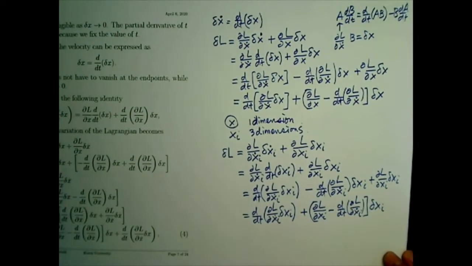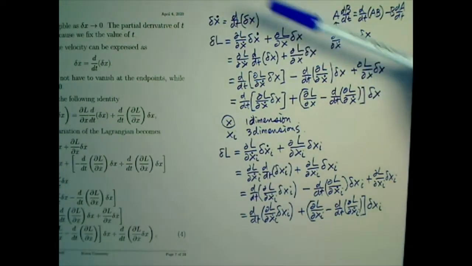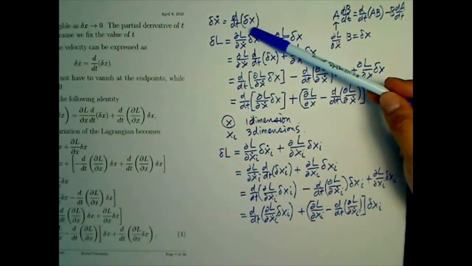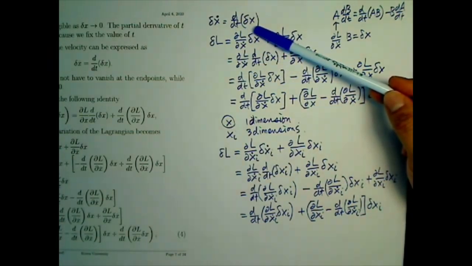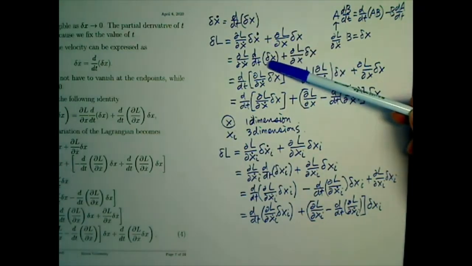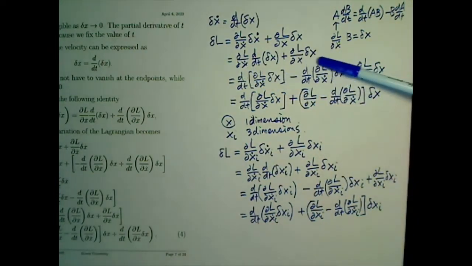So the variation of velocity is the time derivative of the variation. So we substitute this. So the variation of the Lagrangian is summarized in this way.